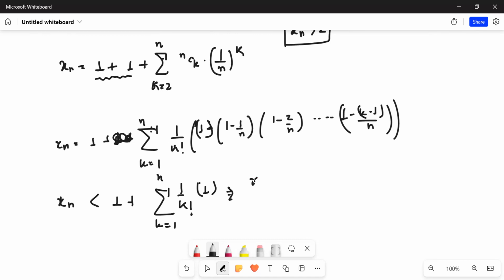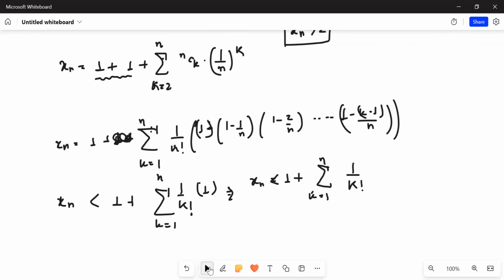So this way I can write that my xn is less than 1 plus the summation k equals 1 to n of 1 upon k factorial.